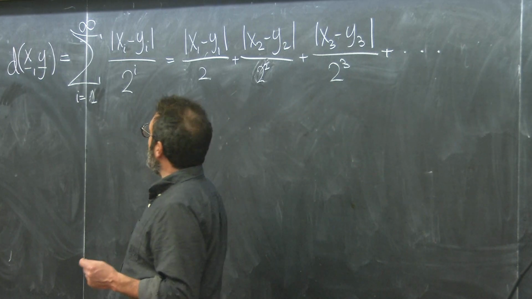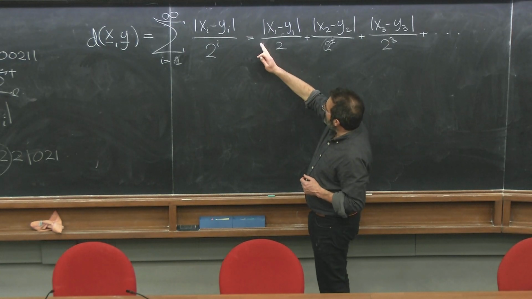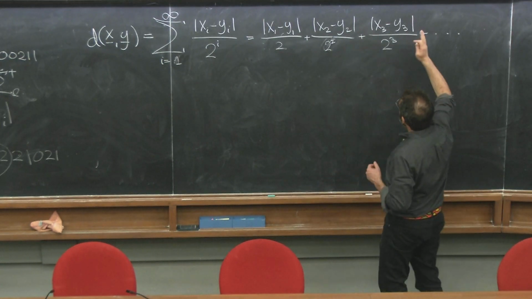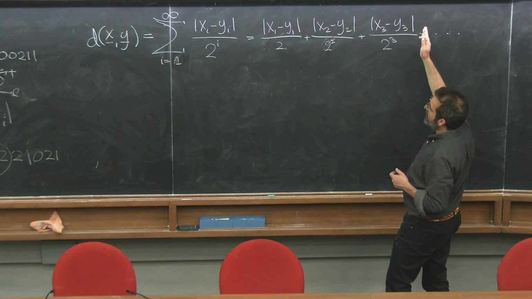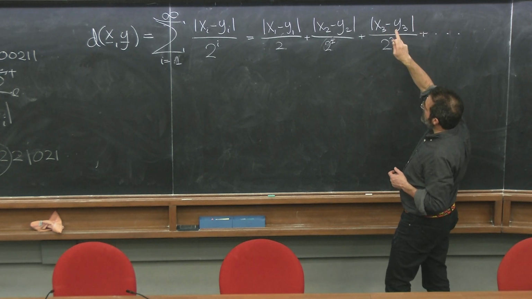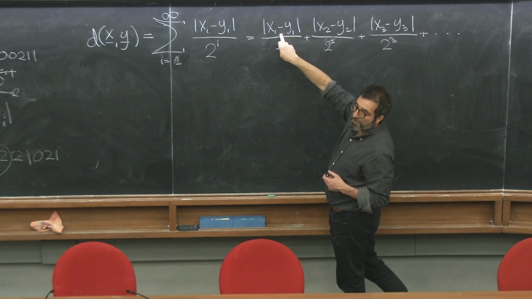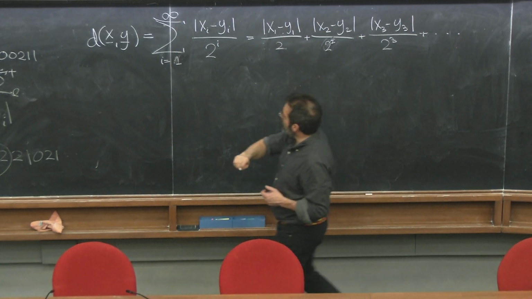So you can see that if the first 3 digits even are the same, then these terms will be 0, right?